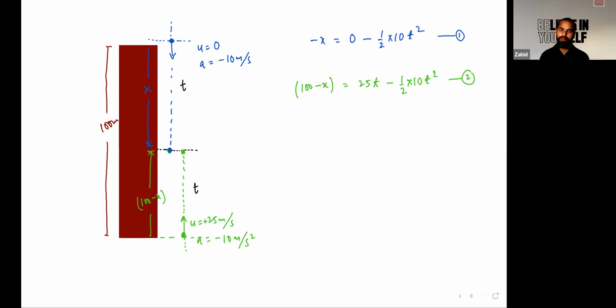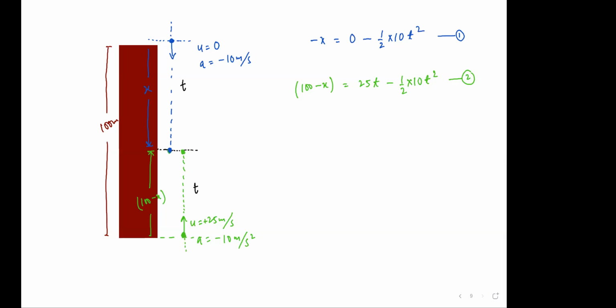Just subtract these two equations simply. Sir, won't it be 0t?